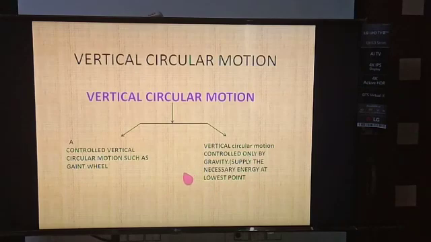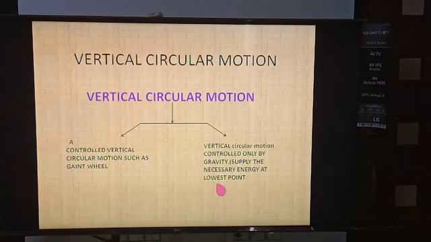For example, supply the necessary energy at the lowest point. During this motion, there is interaction of kinetic energy and gravitational potential energy. Means first is controlled by us and second one is controlled by gravity.